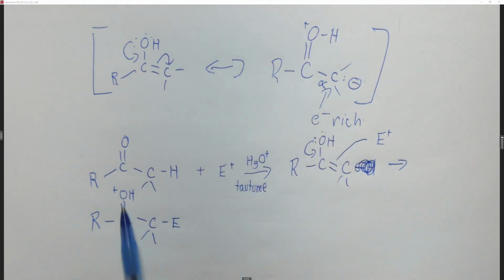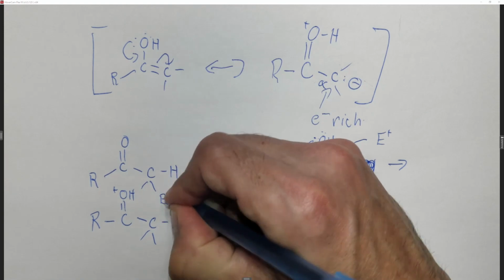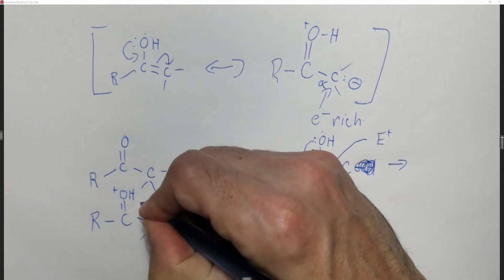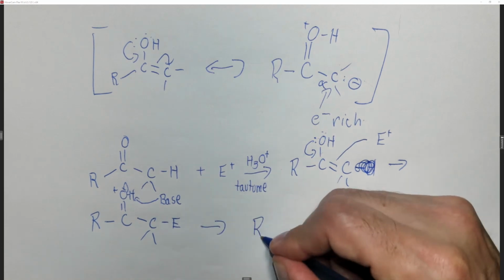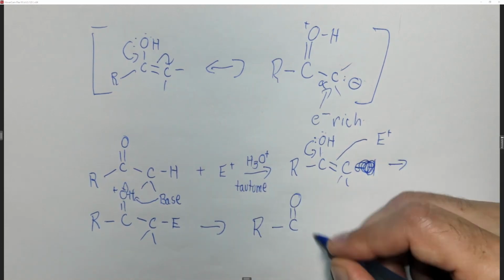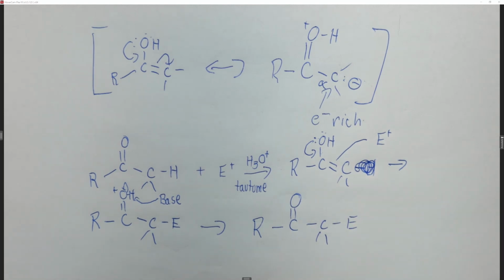So we're close to adding the electrophile at the alpha position and getting back the original ketone, right? This was our original ketone that we started with. But we have this H on here that we don't want. So some base, okay, it could be water, comes in, grabs that off, and what we end up with is R bond C double bond O, bond C bonded to two things and bonded to our electrophile.